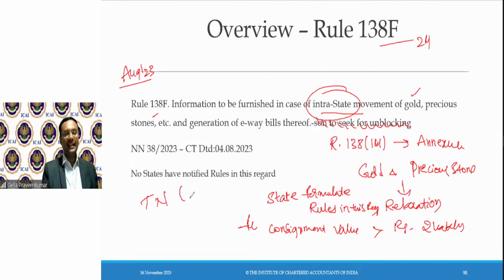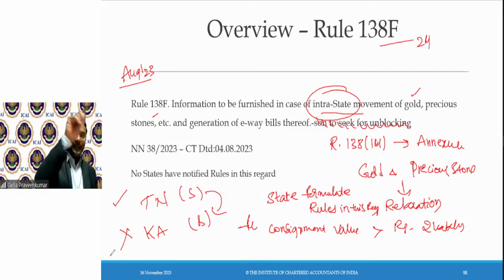There is a seller in Tamil Nadu. There is a buyer in Karnataka. This happens to be an interstate movement. Tamil Nadu has invoked rules. Karnataka has not invoked the rules. Then when the diamonds or gold move from Tamil Nadu to Karnataka, when there is no rule in Karnataka, it cannot be enforced.